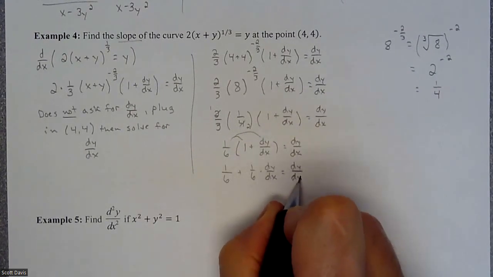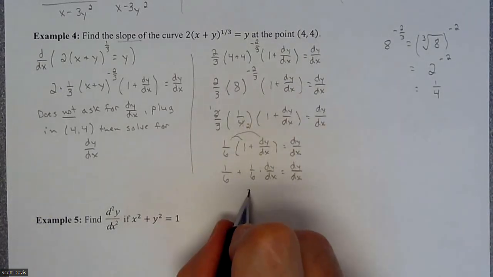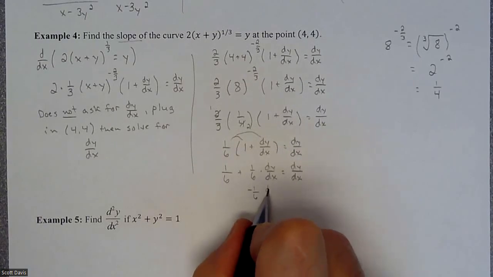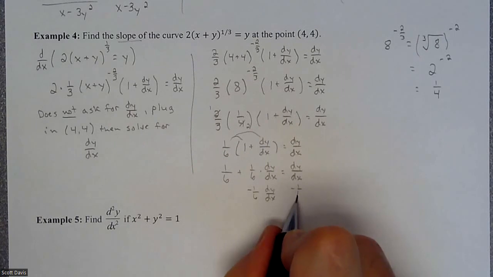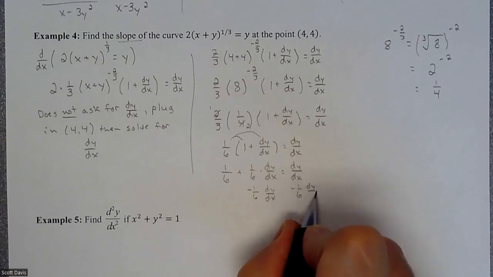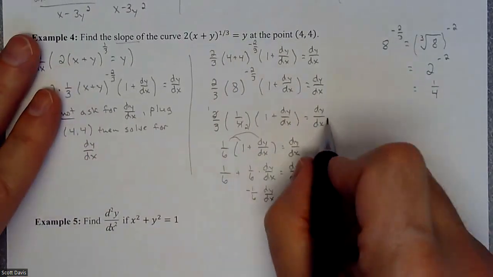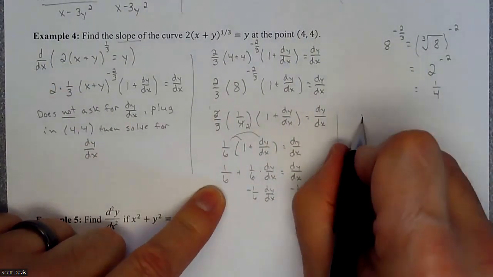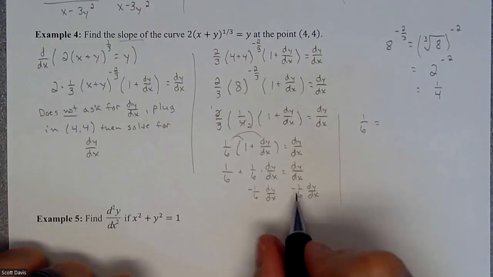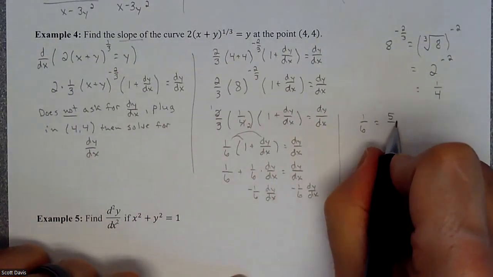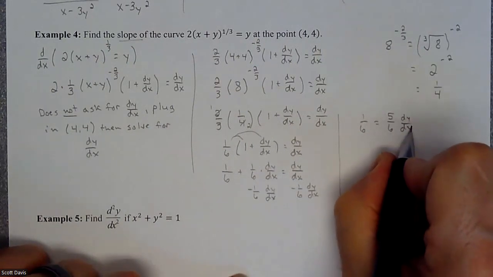We're getting there. And then let's pull the dy/dx's together. So let's subtract this one over, minus a 1/6 dy/dx on both sides. And right now this is a 1, so it's like 6/6. So we'll have a 1/6 equals, so 6/6 minus 1/6 is 5/6 dy/dx.